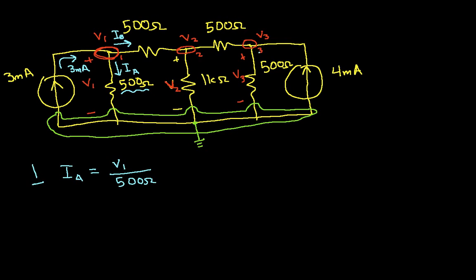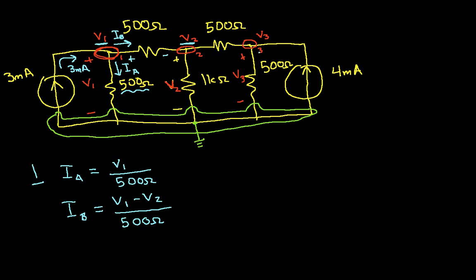IB, the voltage across this 500 ohm resistor in the direction that the current's going is going to be V1 minus V2. So I can write this as V1 minus V2 divided by 500 ohms.